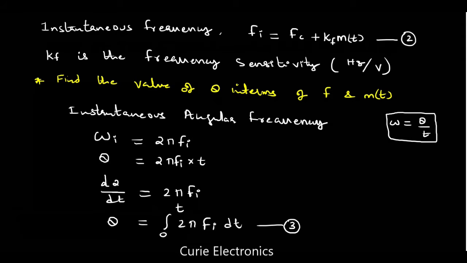Okay. Now what we have to do? Put 2 in 3. We should know what is 2 in 3. Okay, theta value we have to put it in. Put 2 in 3. That means instead of this Fi, we have to put the instantaneous frequency.